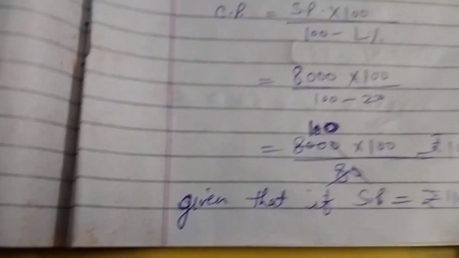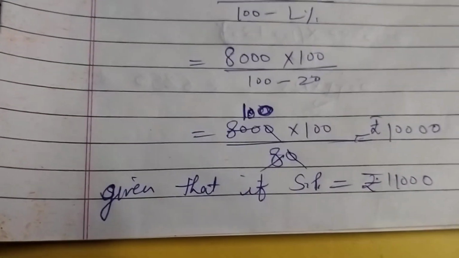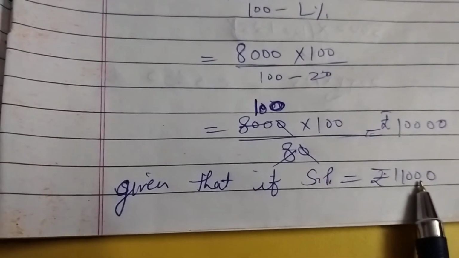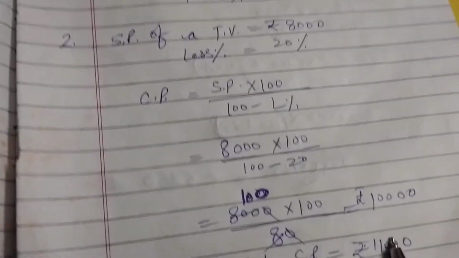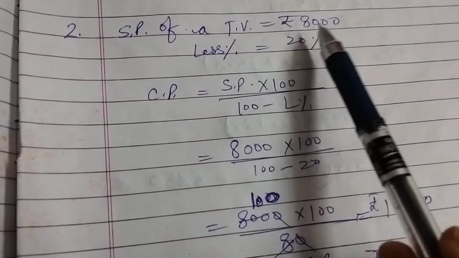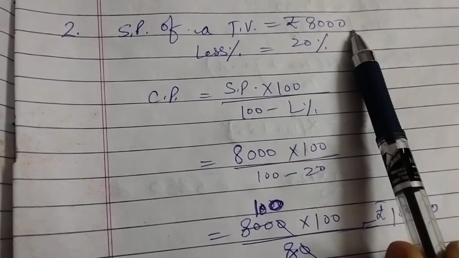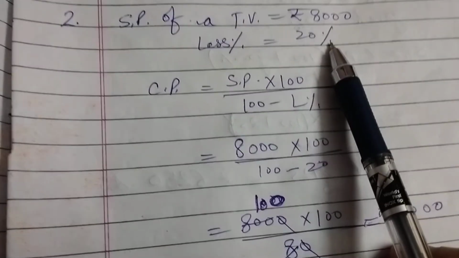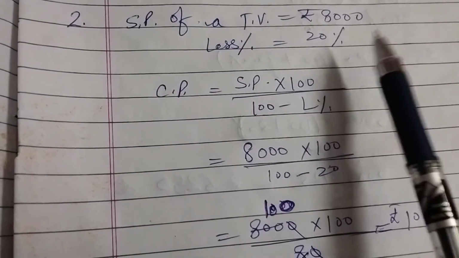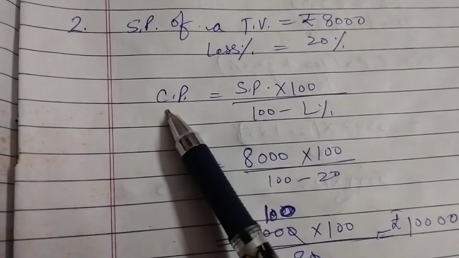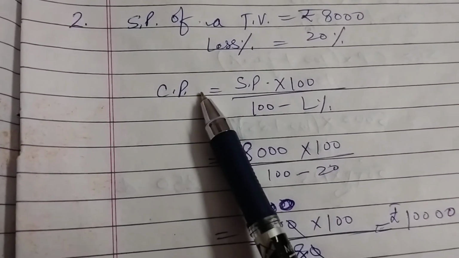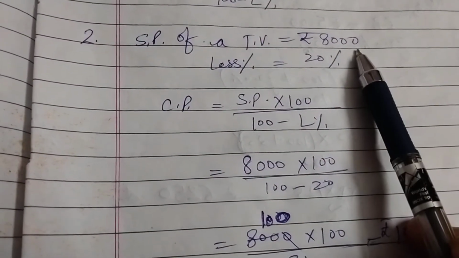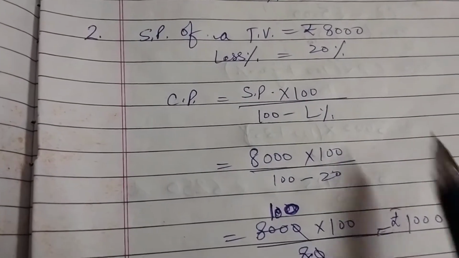Earlier he sold that TV for rupees 8,000, then he got the loss of 20%. It means the cost price of the TV was 10,000 and he sold it for rupees 8,000. He got the loss of 2,000 rupees.